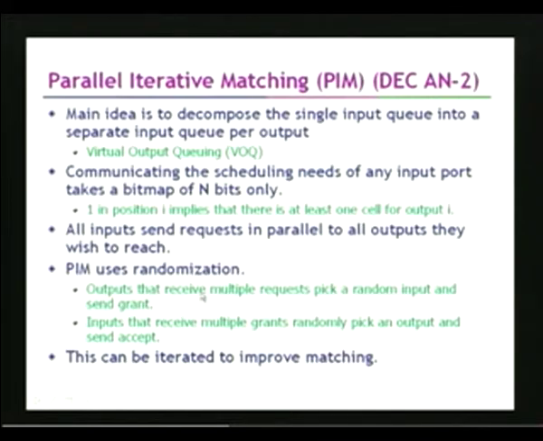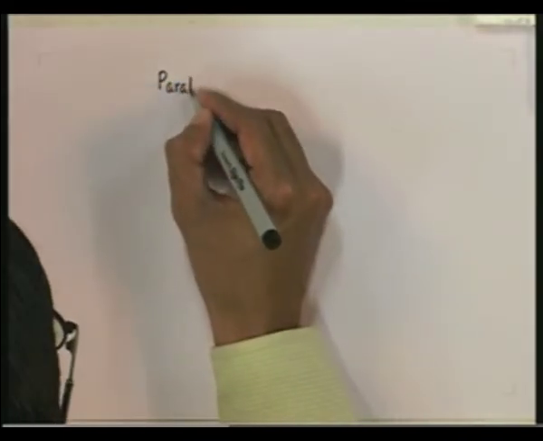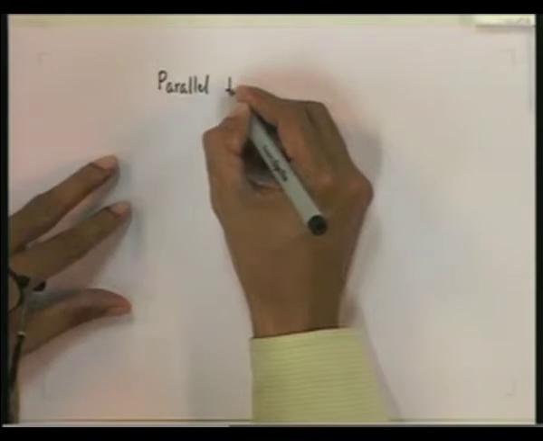The outputs that receive multiple requests pick a random input and send a grant, and inputs that receive multiple grants randomly pick an output and send an accept. And this can be iterated to improve the matching, because we need to achieve a maximal match. Let me give you an example of a parallel iterative match.